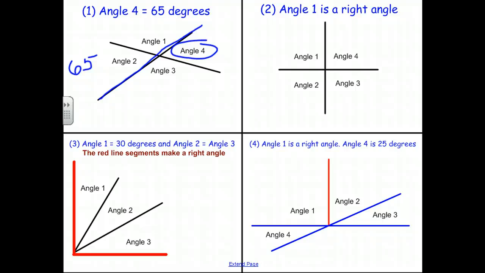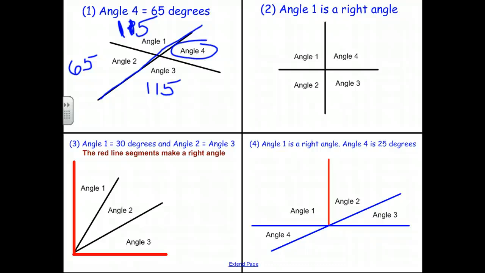So we have the measure of angle 1 plus the measure of angle 2 must equal 180 degrees. And since angle 1 and angle 2 have to add up to 180 degrees, angle 1 has to be 115 degrees, which means angle 3 as a vertical angle must be 115 degrees.